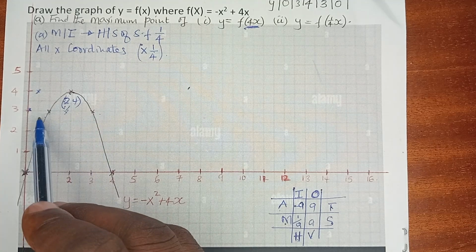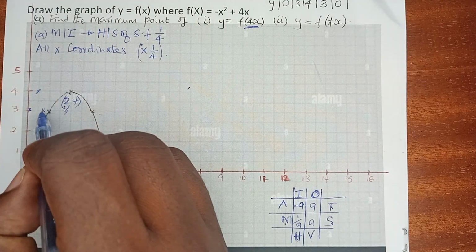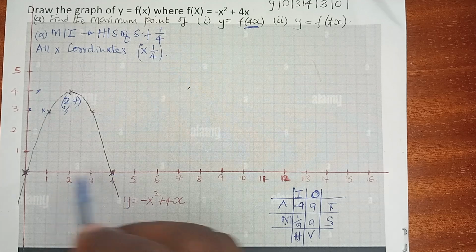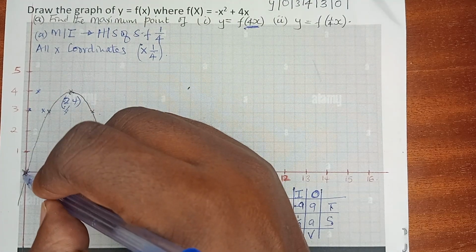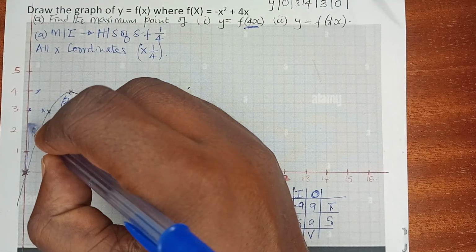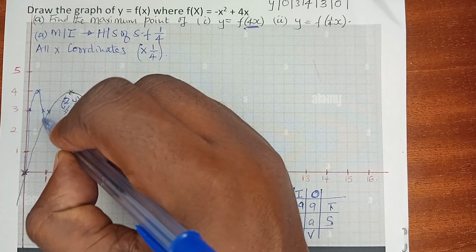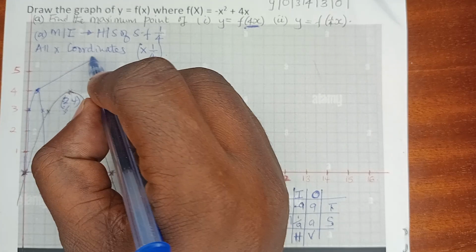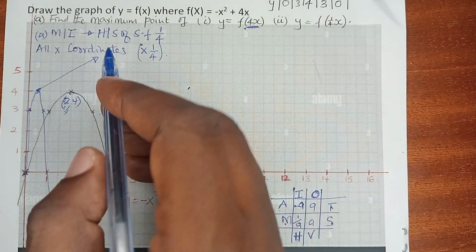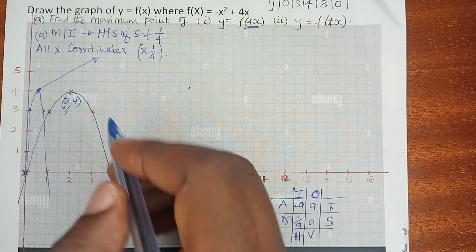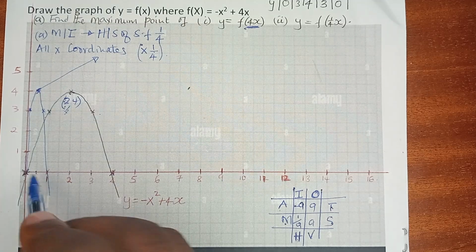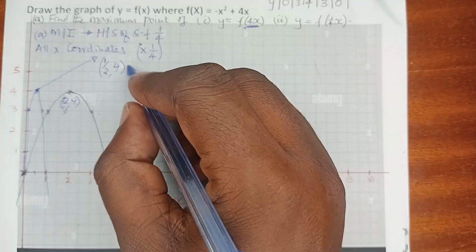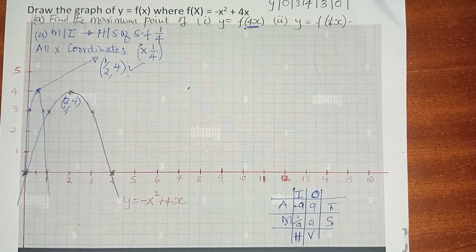The value of x here is 4, and 4 times a quarter is 1. So we are talking about a graph that squeezes itself here. This point is (a half, 4), and we have answered part 1 of the question.